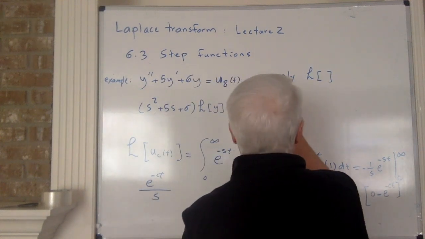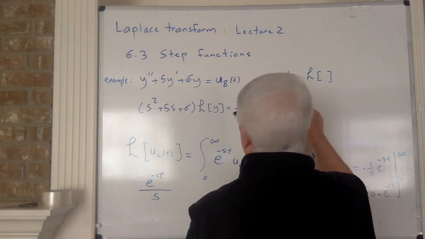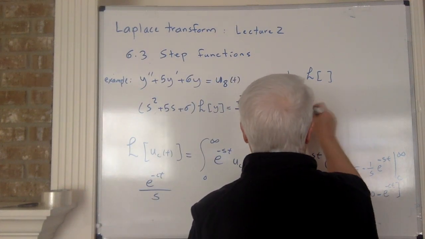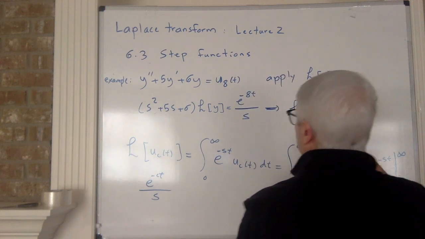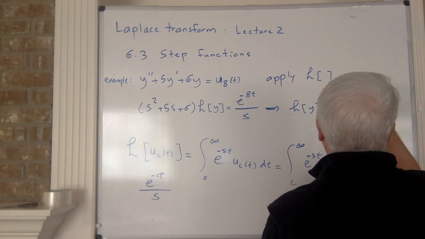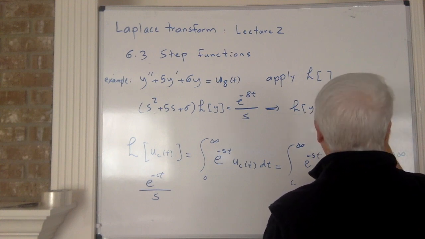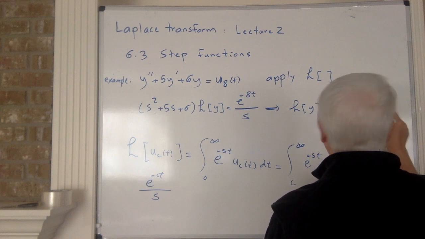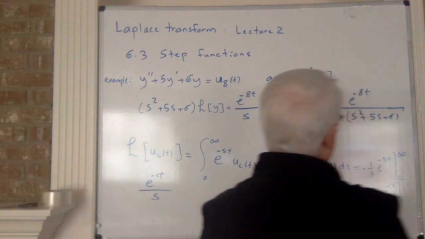So L of y will be this thing, e to the power minus 8t over s times s squared plus 5s plus 6.